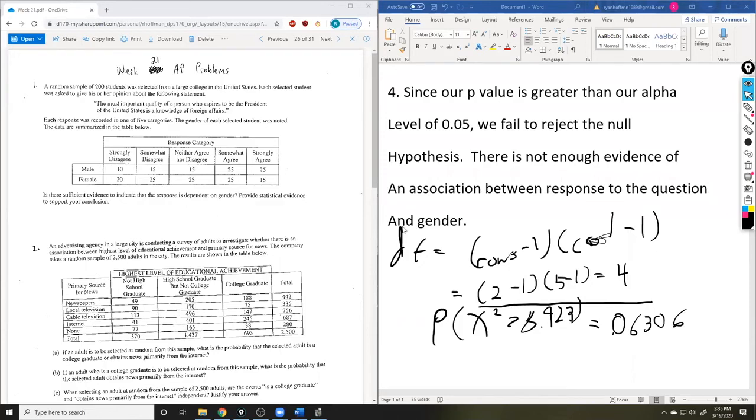There we go. When I was a student doing these free responses, what I would always do is do the calculator stuff last. So I'd leave the expected counts part blank. I would still plug in the formula part, but I would wait to put in the chi-square value and the p-value.